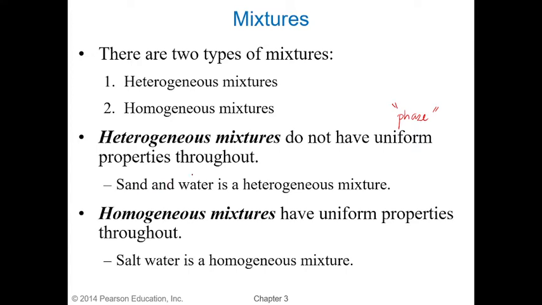Your sand will not dissolve in water. If you put a spoonful of sand in your water and you stir it, eventually after some time, your sand will settle and you will see there's a separation of phase. The sand is in the bottom of your container and water is above it. So if you can see two phases here, then that is a heterogeneous mixture.